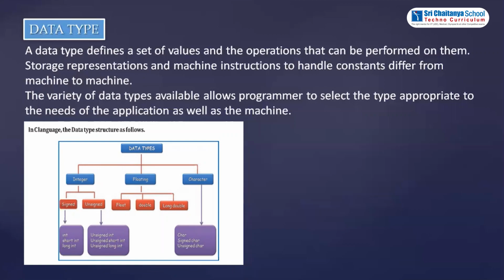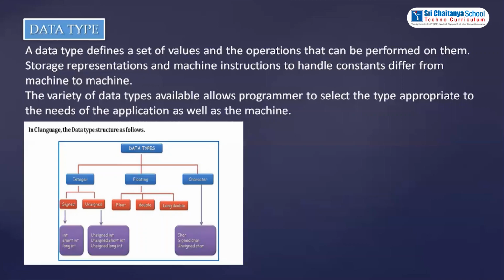Hope you understood. In the same way, when I had to get a name from the user, or a set of characters from the user, then I had to go for the character data type. Then we also have the float data type, which is going to accept both my decimal values and the integer part.